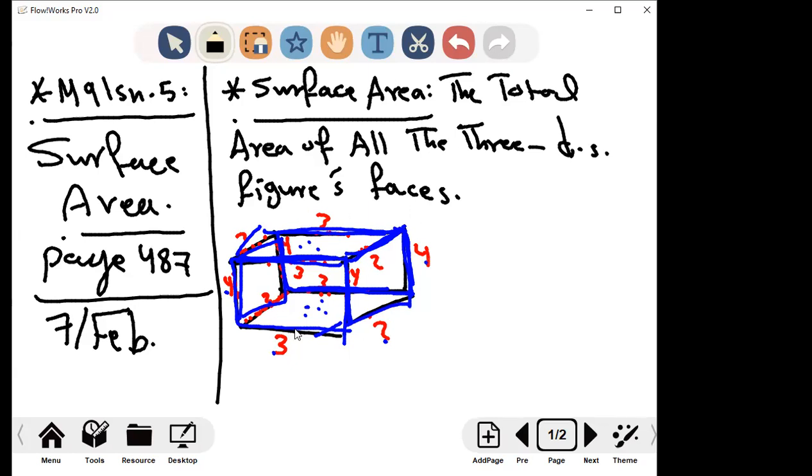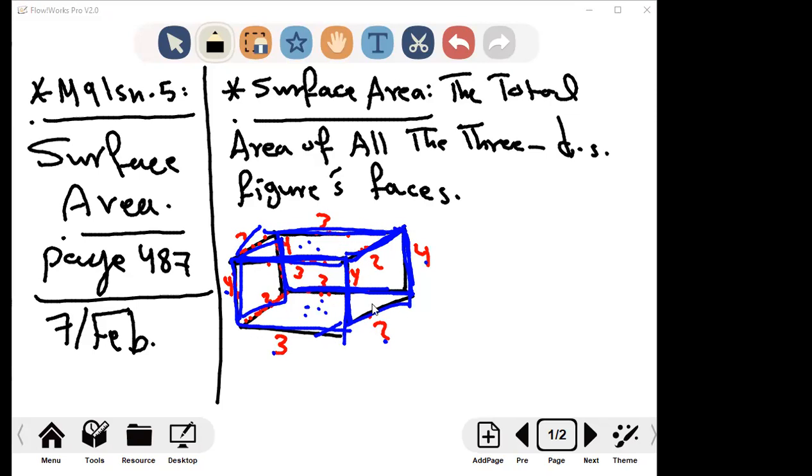So here, how many faces we have in this rectangular prism? Do you hear me now? Yes.